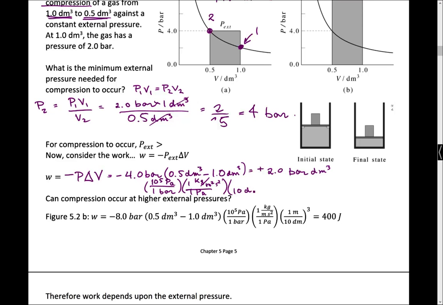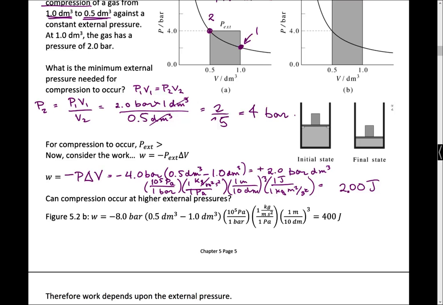We know that 10 decimeters is the same as 1 meter, and I cube that. Now I'm in SI units, so 1 joule is 1 kilogram meters squared per second squared. When I multiply that all through, that gets me a value of 200 joules.